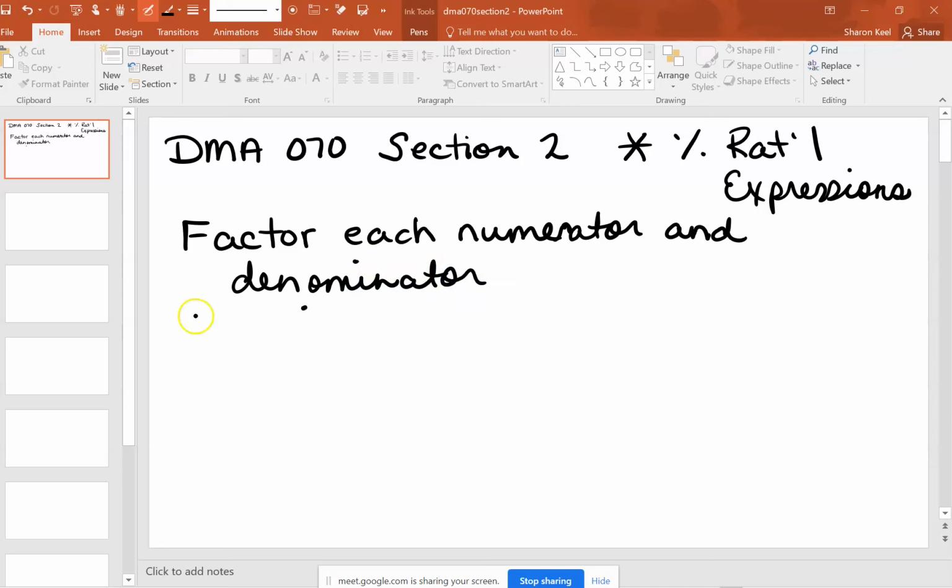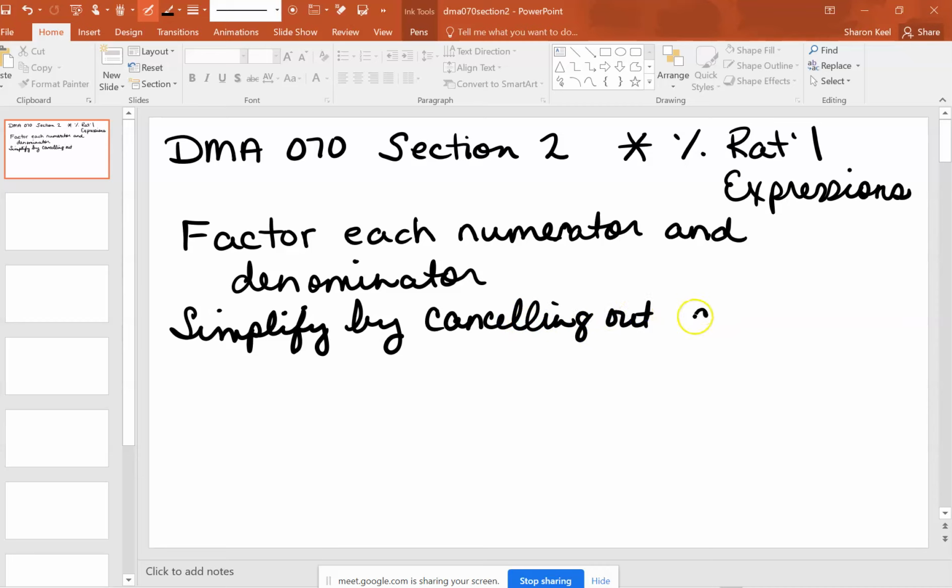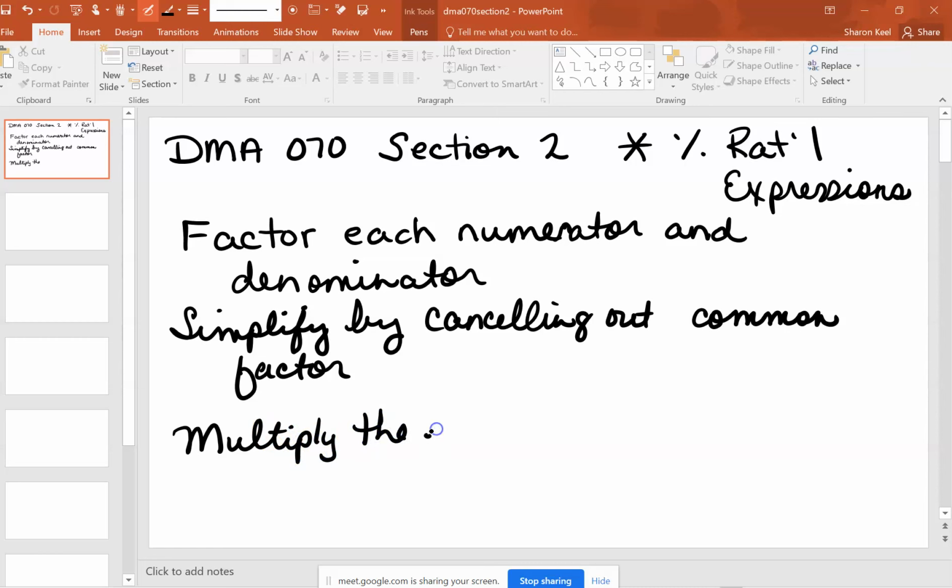Once we've done that, we are going to simplify by canceling out common factors. And then what we're going to do after that is multiply the results. So, in other words, factor, cancel, and simplify.